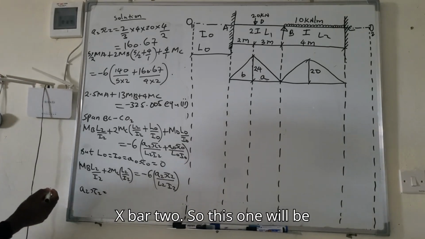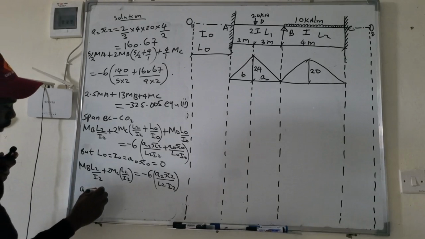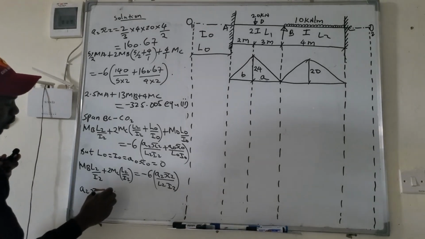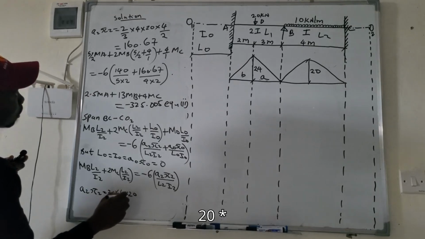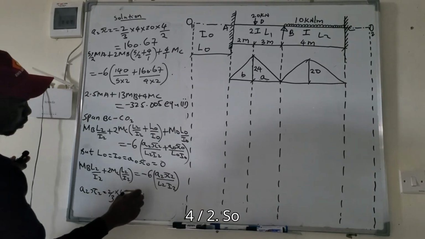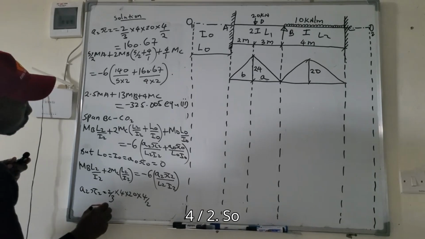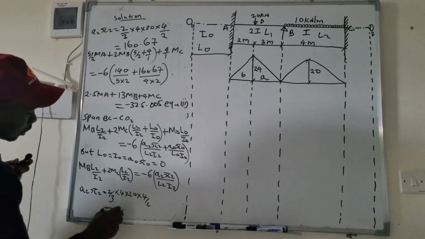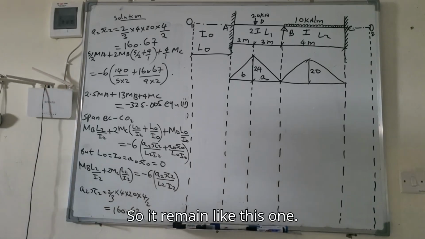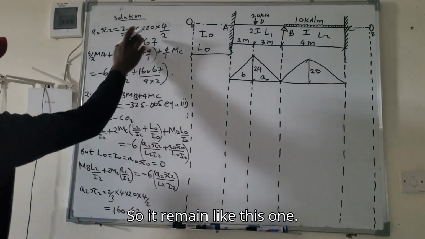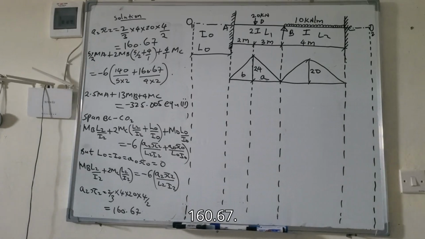So this one will be 2 over 3 times 4 times 20 times 4 over 2. So it will be 160.67. So it remains like this one, 160.67.